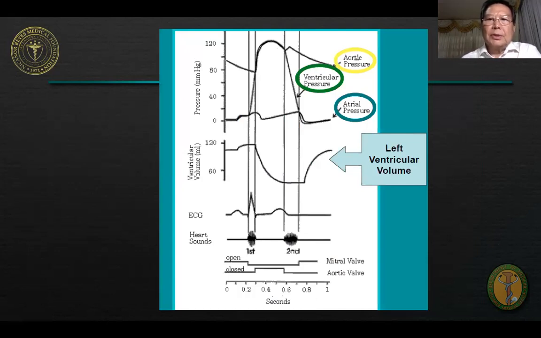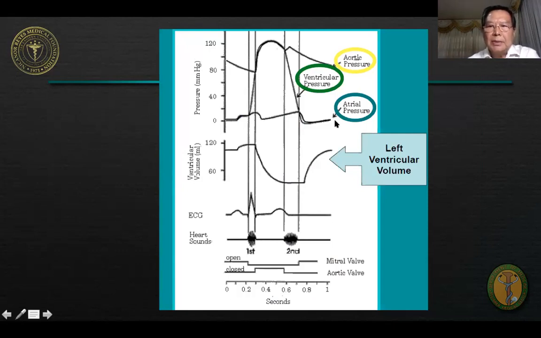So again, we repeat, this is your aortic pressure, right? Worthy of note is the fact that at peak systole, the LV systolic pressure and the aortic systolic pressure are the same, okay?